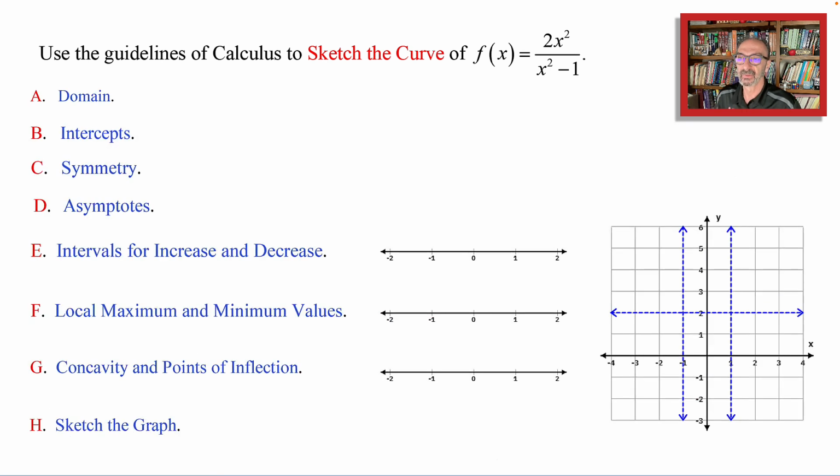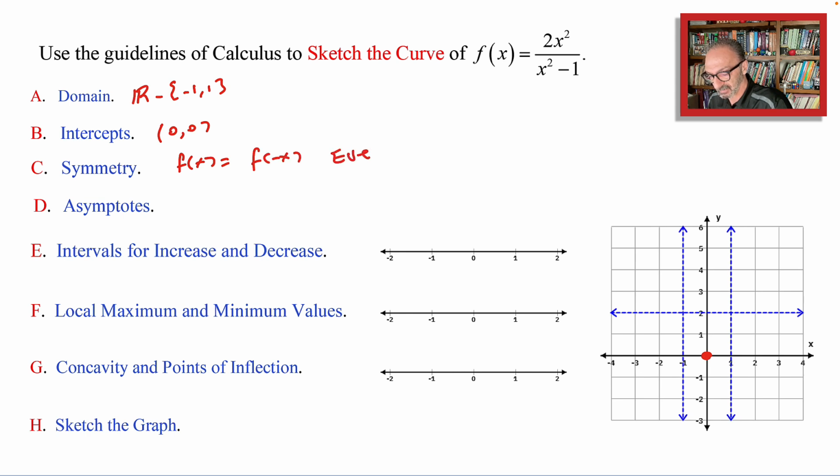Finally, to summarize what's going on, we have the domain: all real numbers except -1 and 1. Intercepts, we ended up with 0 and 0. That's this right here. And symmetry, we have f of x equals f of -x.